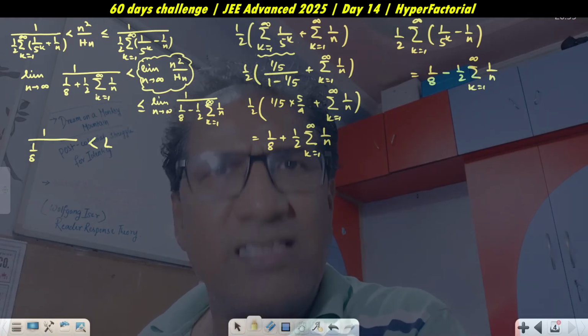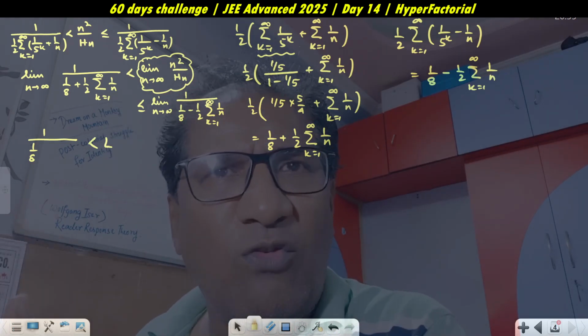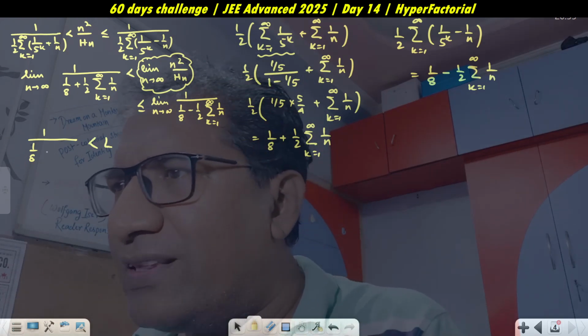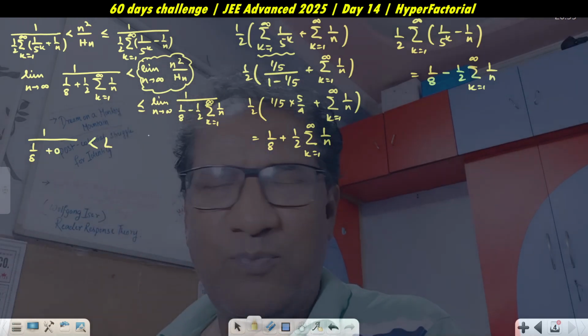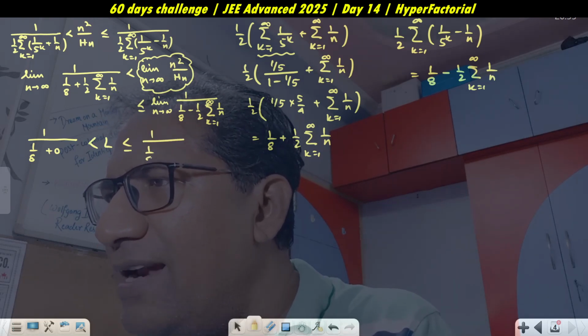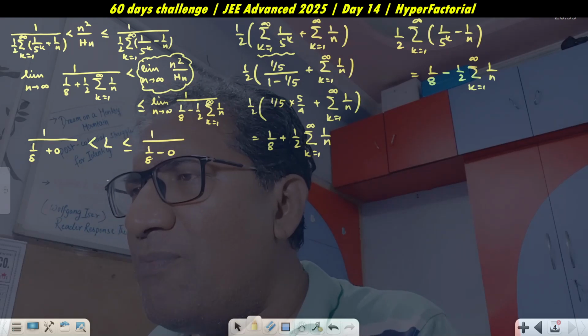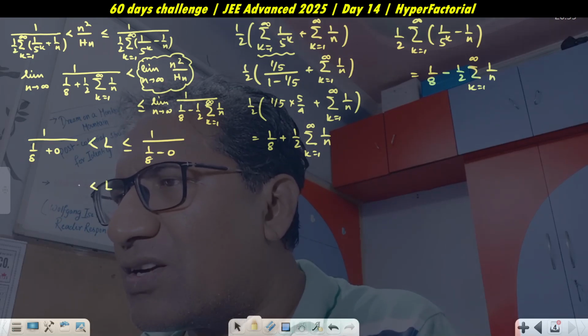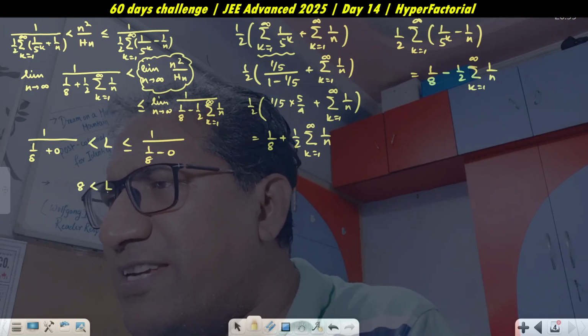Yes or no? As n tends towards infinity, 1 over n tends towards 0. So this part will become 0, less than or equal to 1 over 8 minus 0. So we get greater than 8 and less than or equal to 8, that is the limiting value.